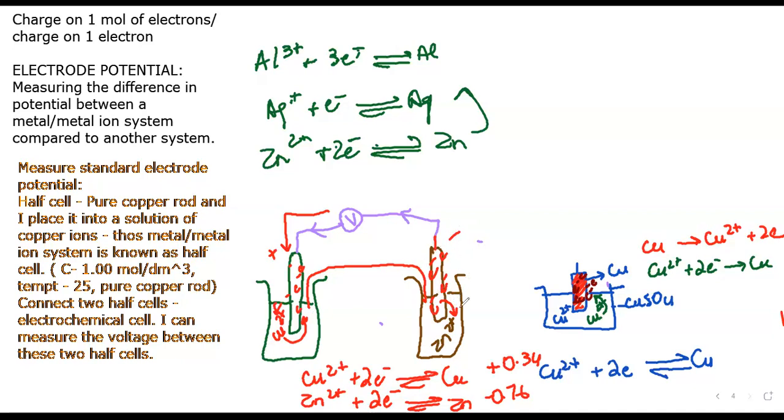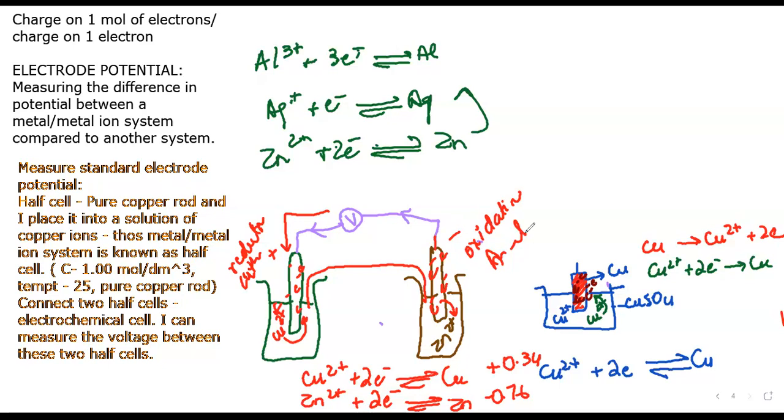But what is happening to zinc? Oxidation. And what is happening over here? Reduction. So when I'm going to name it, in this case, cathode is my positive one and anode is my negative one. So the positive cathode, remember that.